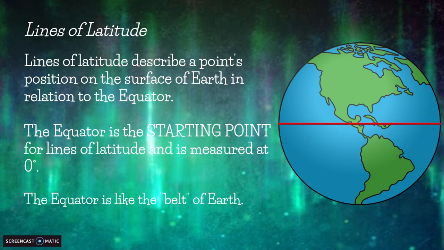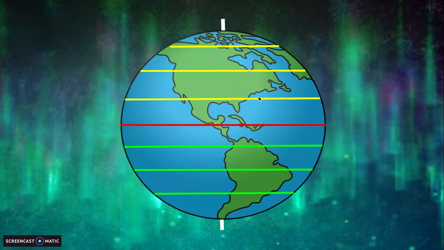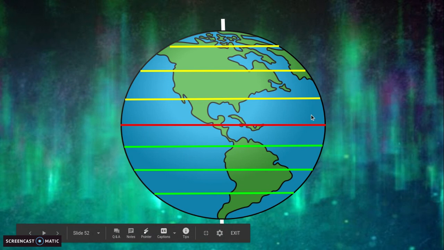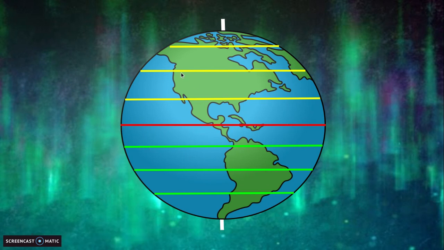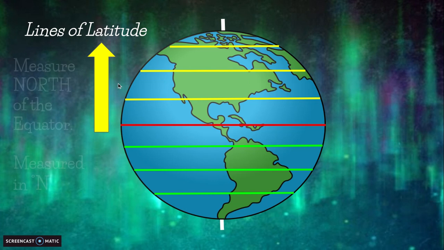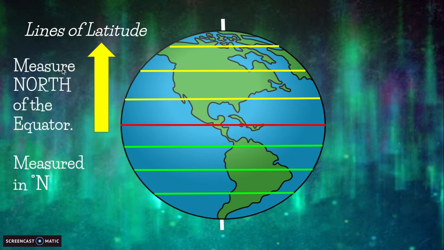Okay, so it's at the center of Earth and it wraps all the way around. So I have a picture of Earth with not only the equator in red, but other lines of latitude in yellow and green.